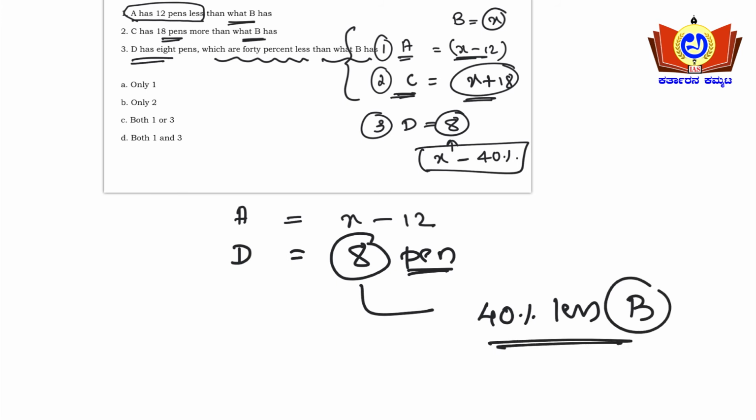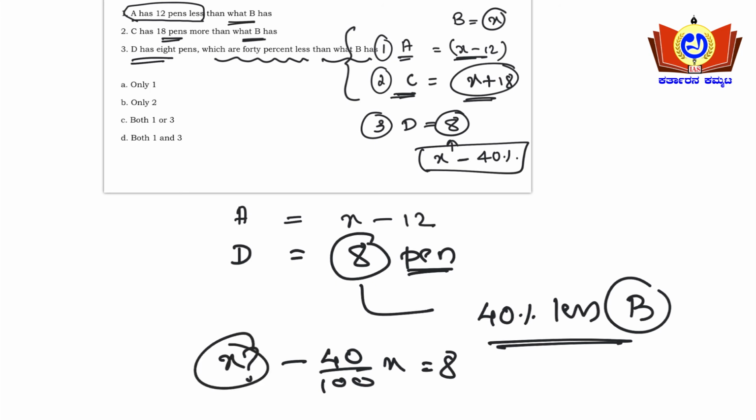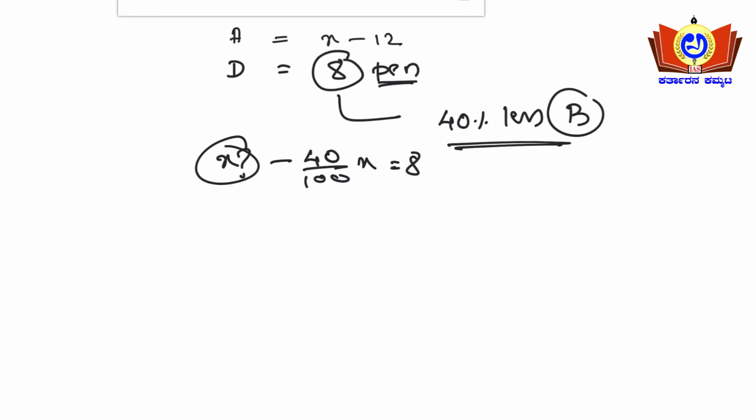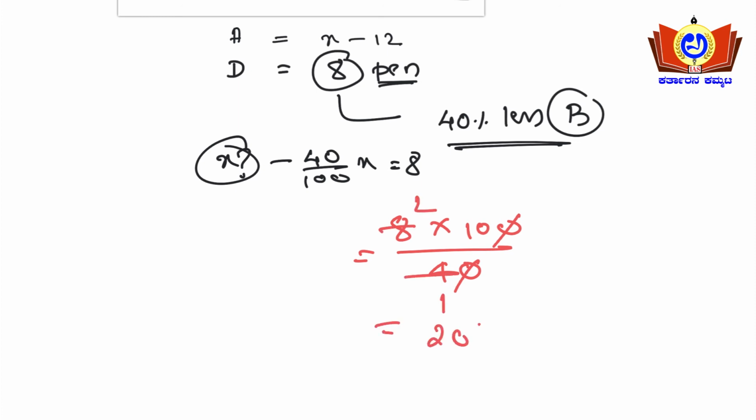So X minus 40% of X is 8 here. We can calculate this like this, friends: 8 into 100 divided by 40. Ten tens cancel, 4 one times and 4 two times, so 2 into 10 will be 20 here, so X will be 20.